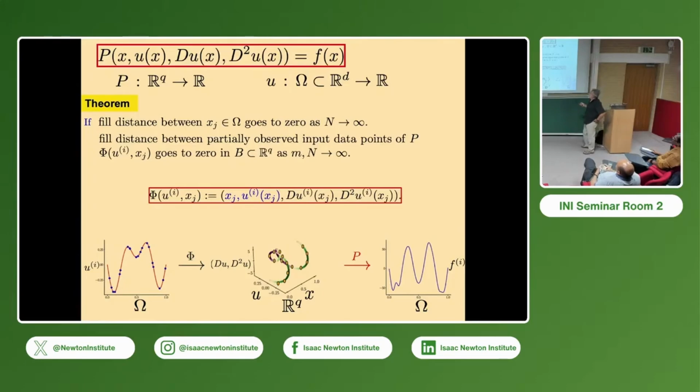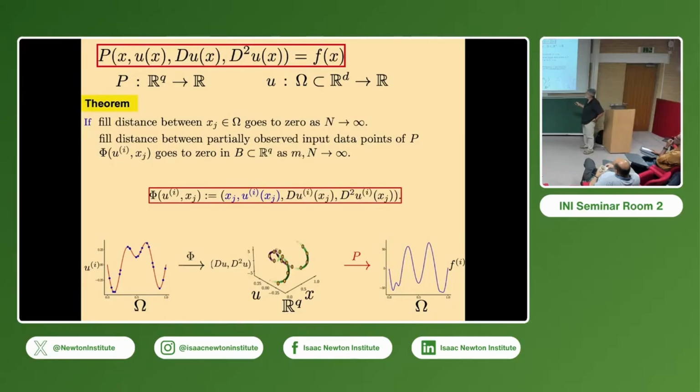And if the fill distance between the partially observed input data points of P goes to 0 in a subset of the input space of P as m, the number of source solution pairs, and n, the number of collocation points, go to infinity. So here the idea is that we are not fully observing the input data points of P, we're only observing the x's. The values of u at those x's, but we are not observing the higher order partial derivatives, right?